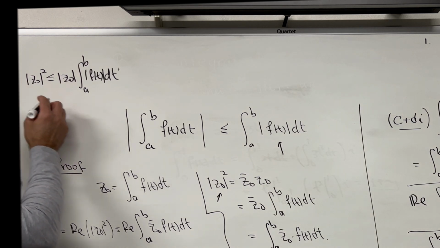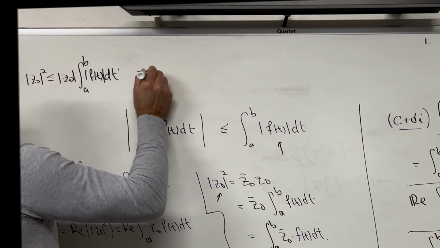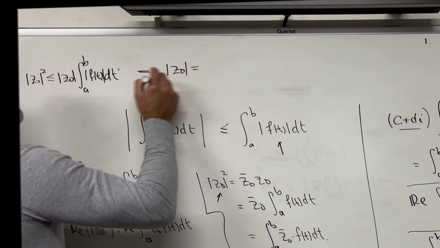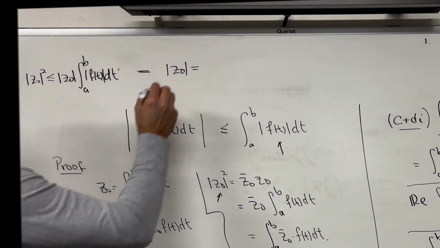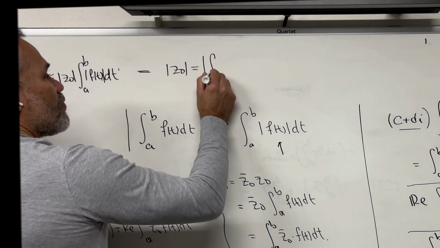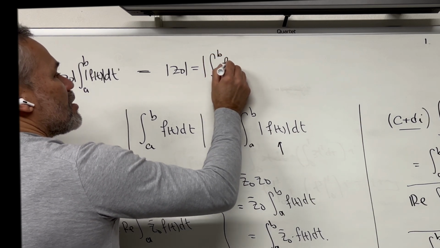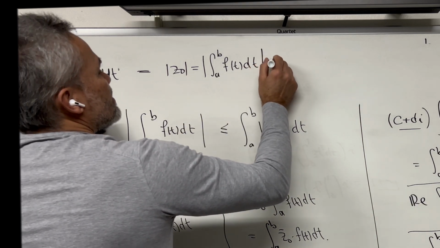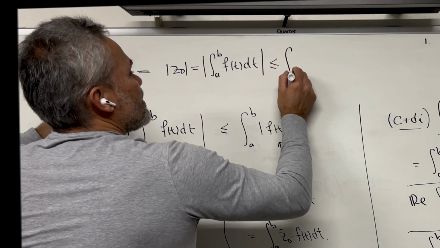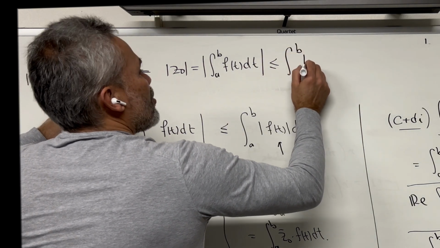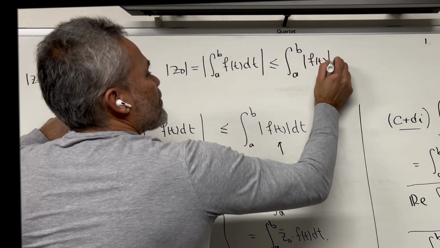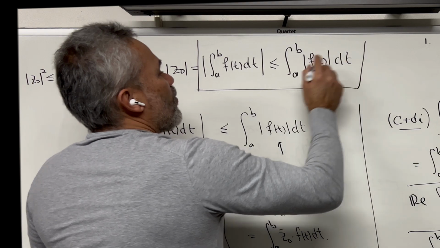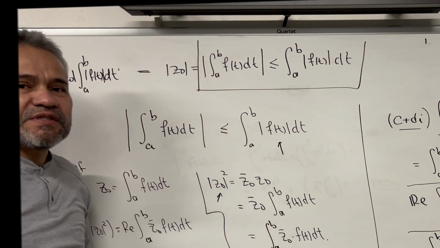And this is it, because cancelling out the norm of c sub 0, this part is just the norm of the integral from a to b of f of t dt. We know that this is smaller or equal than the integral from a to b of the norm of f of t dt. And this is what we wanted to show. Okay, this is it for this video.